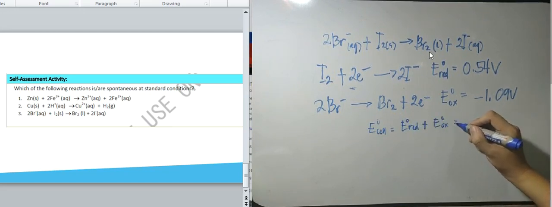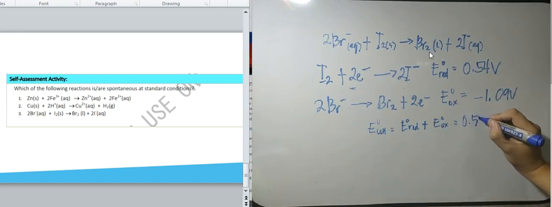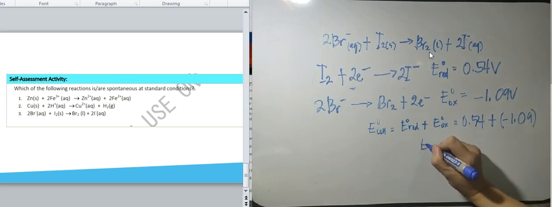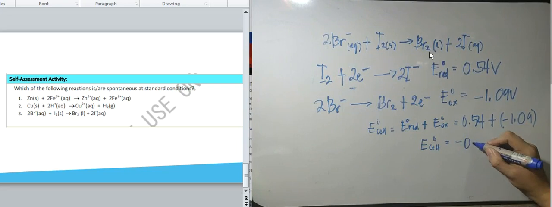So we have 0.54 plus negative 1.09. So we have negative 0.55 volts.